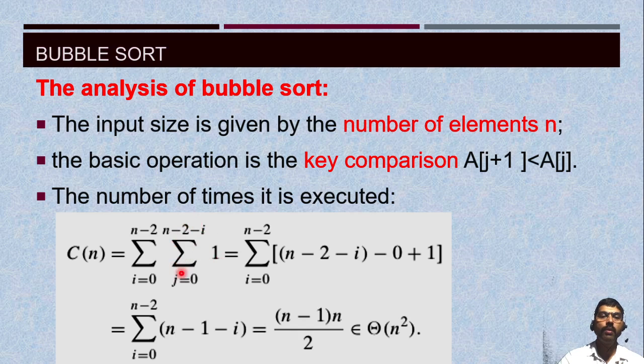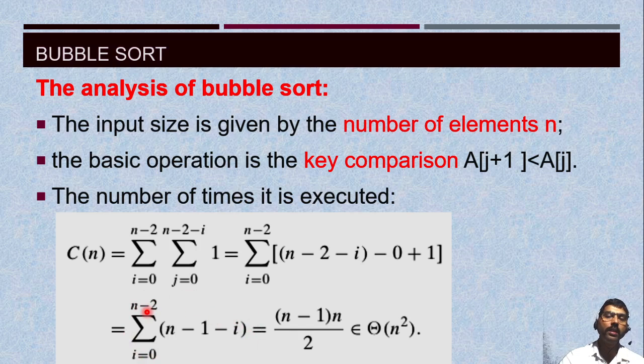When you simplify or substitute this formula, this n minus 2 minus I comes here, and this is the 0 here and minus 1 here. One is decremented here, so 2 is decremented by 1. You find n minus 1 minus I. This is the formula you already solved in the previous classes.